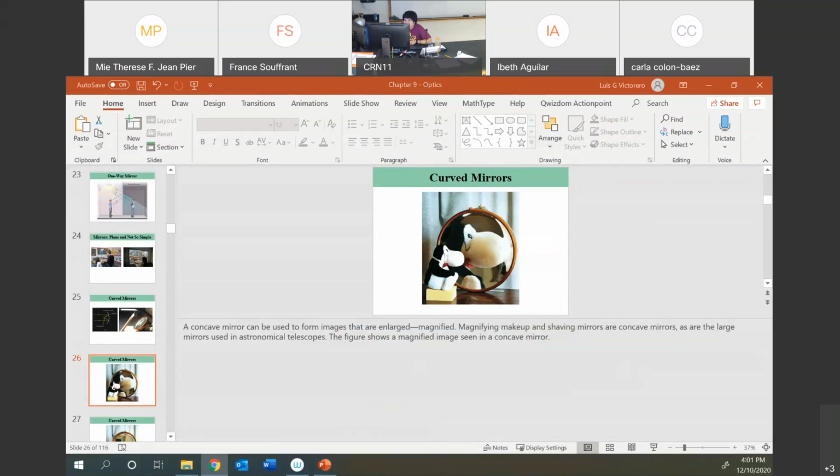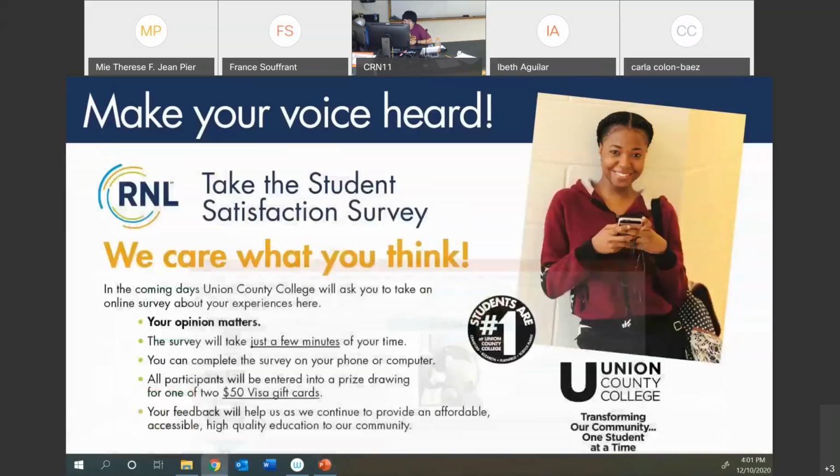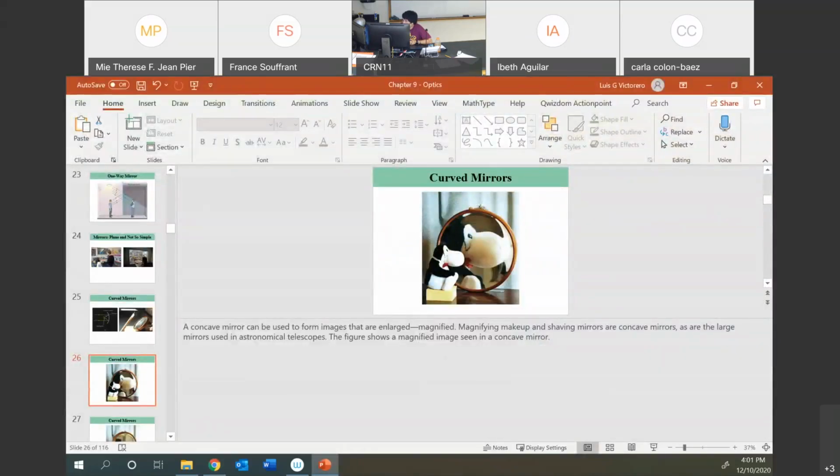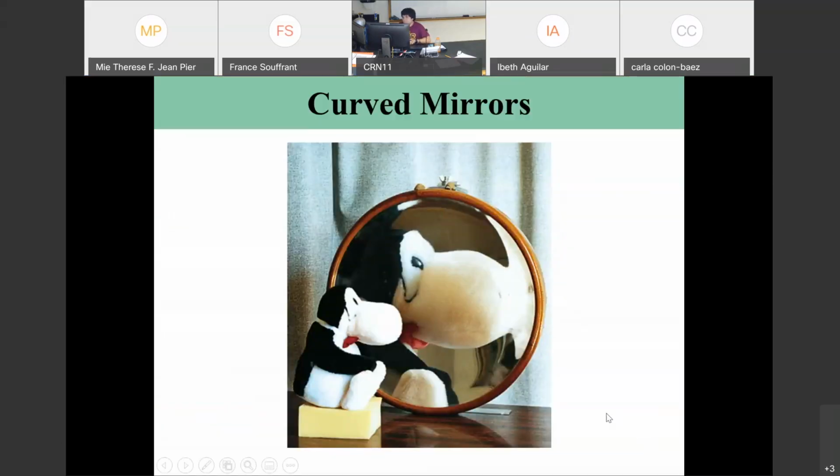This is a concave mirror. The dentist uses it to magnify your tooth and perform the treatment, cleaning, or extractions at some point. So there you are.